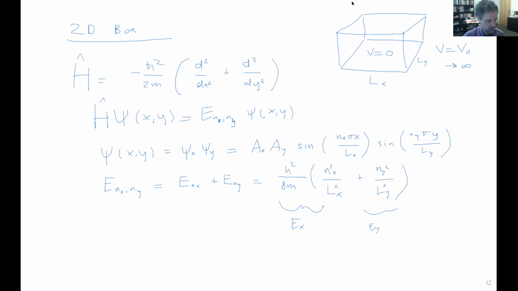Okay. So something interesting is happening in this case. Let's look at an example where I have nx equals 3 and ny equals 1.